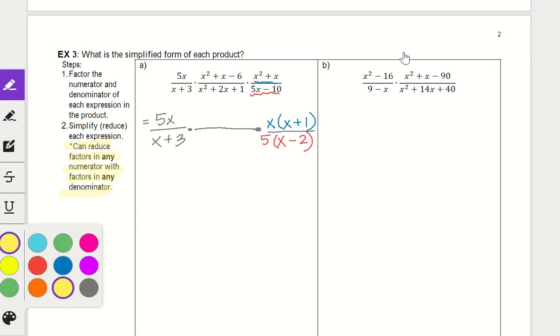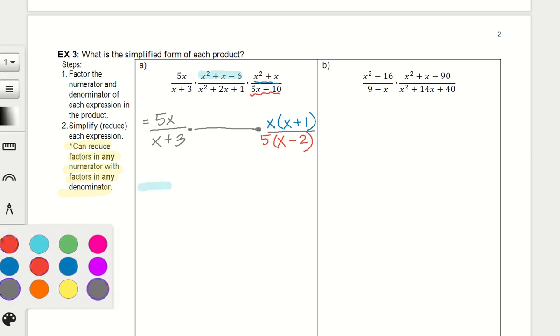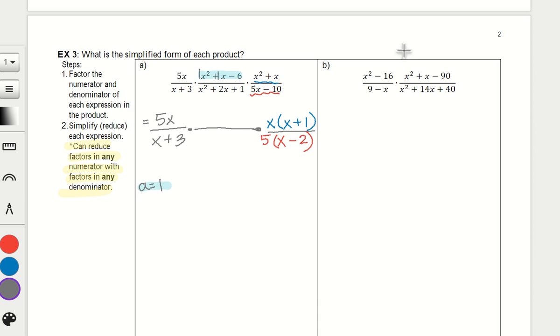So I'm going to highlight this guy and I'll do light blue. And then using that, I'm going to talk about my A, B, and C, right? So this one has an A value of 1, a B value of 1, and a C value of negative 6. And so we want to do a product sum so that it multiplies to negative 6 and adds to 1.